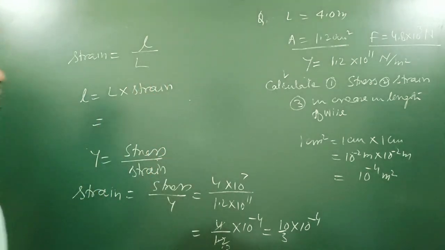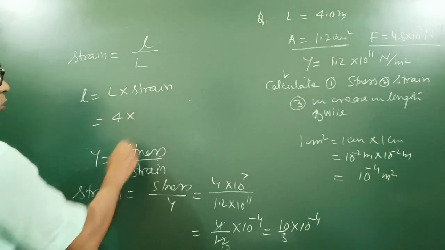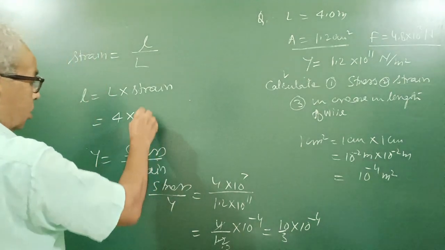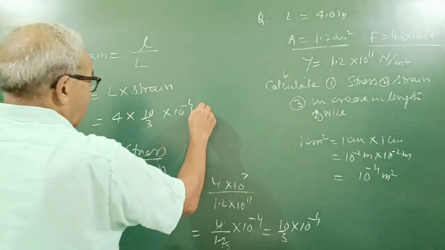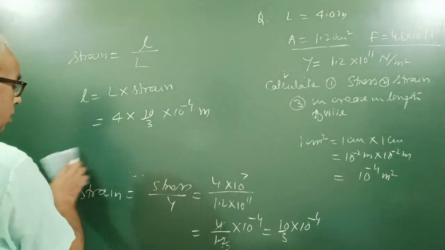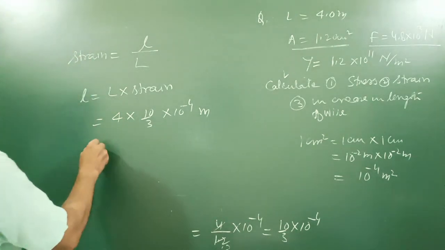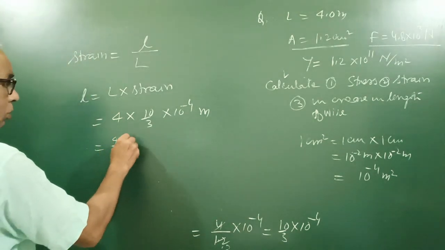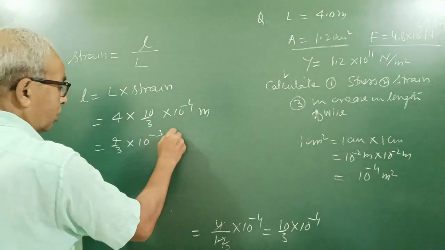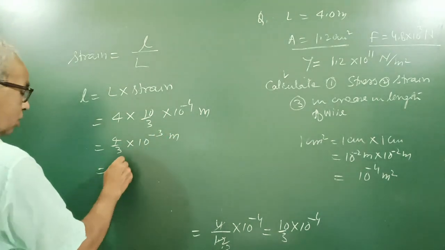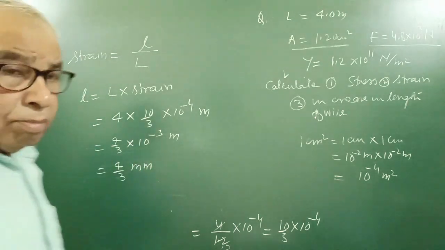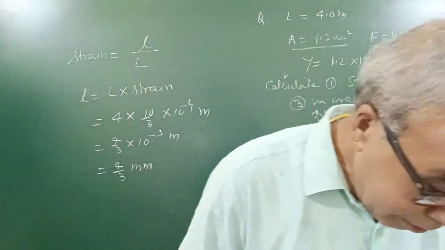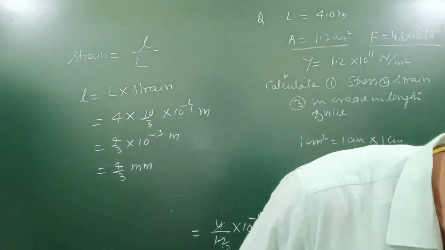So our length is 4 meter. 4 into strain 10 by 3 into 10 to the power minus 4 meter. It is equal to 4 by 3 into 10 to the power minus 3 meter. Or it is 4 by 3 millimeter. So this way you can solve such question easily.